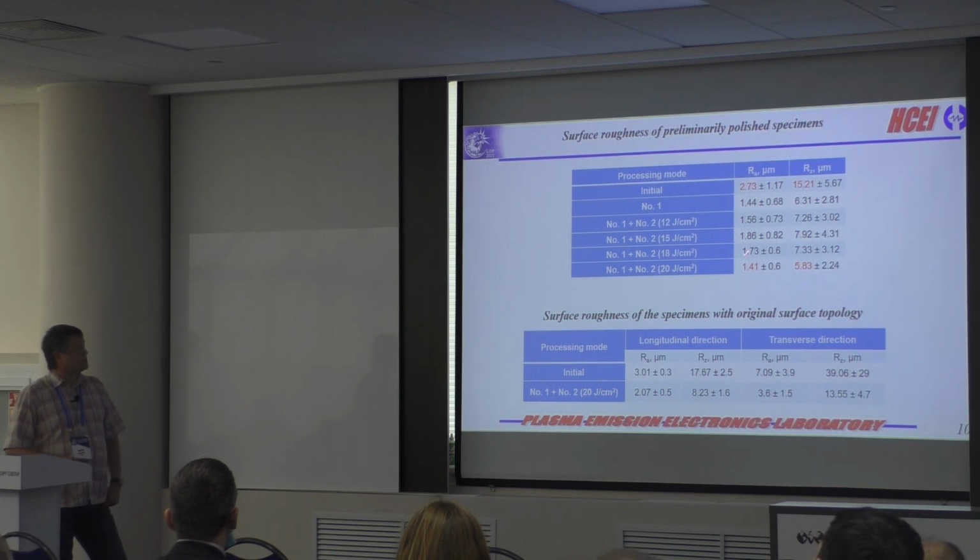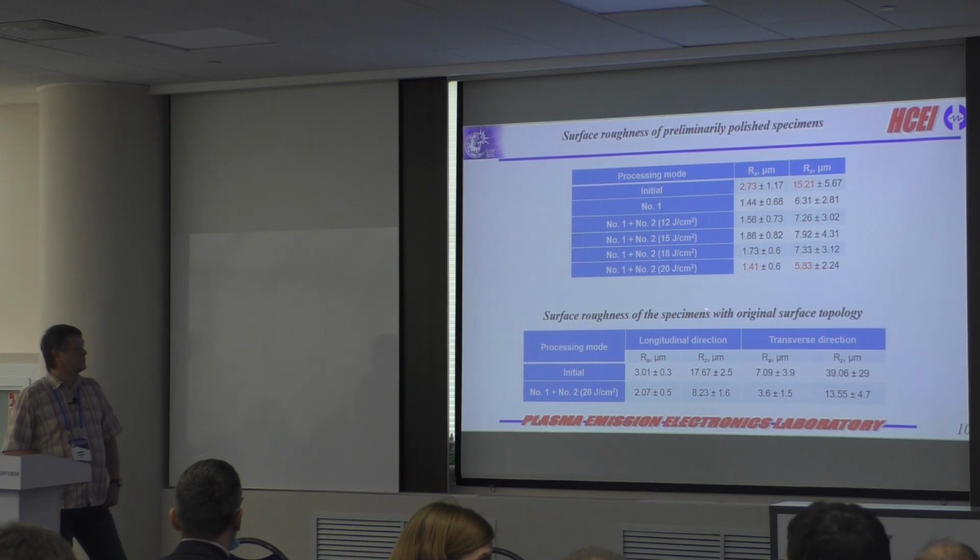And the best result was for the specimen with subsequent irradiation, mode number 1, number 2, with 20 joule per square centimeter. Then in this mode was irradiated a sample with original surface topology, which repeats the side surface of the workpiece.